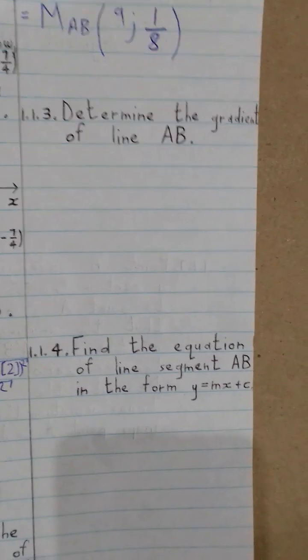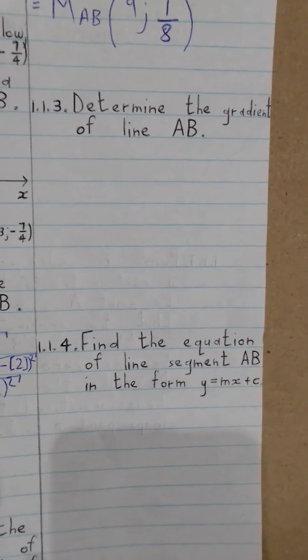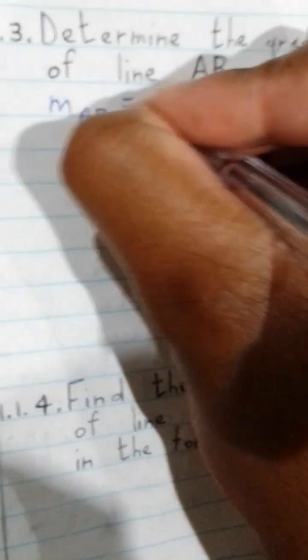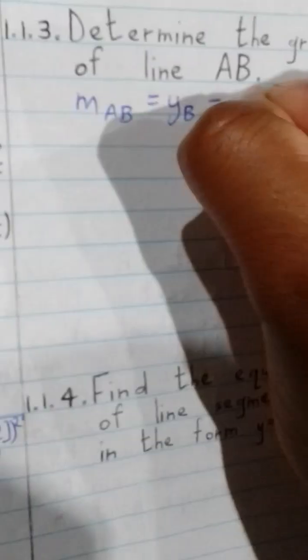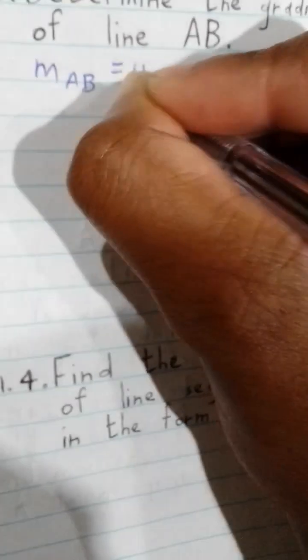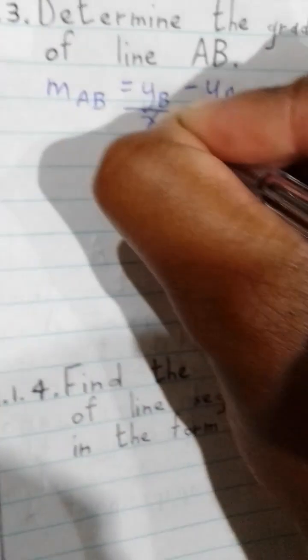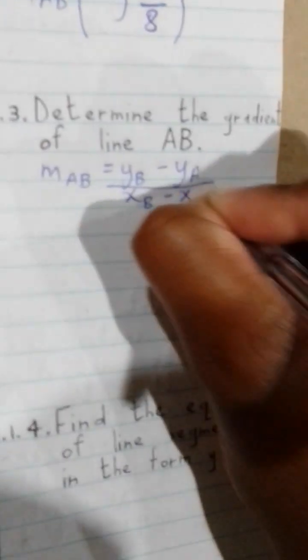1.1.3 states, determine the gradient of line AB. Going to say yB minus yA over xB minus xA.